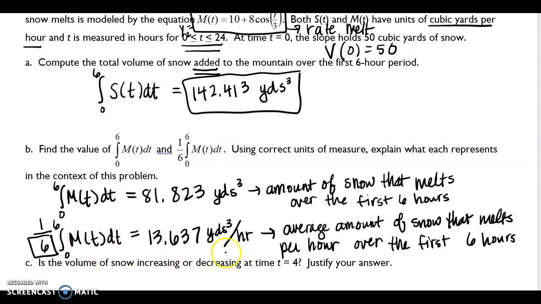And since it's that average, that's again why we had cubic yards per hour, the average amount per hour that we're thinking about. So just like we just talked about with the average value, when I see a fraction in front of my integral like this 1 over 6, and I notice it's the width of my interval, that's indicating that I have some kind of average value here. So it's the average of M.